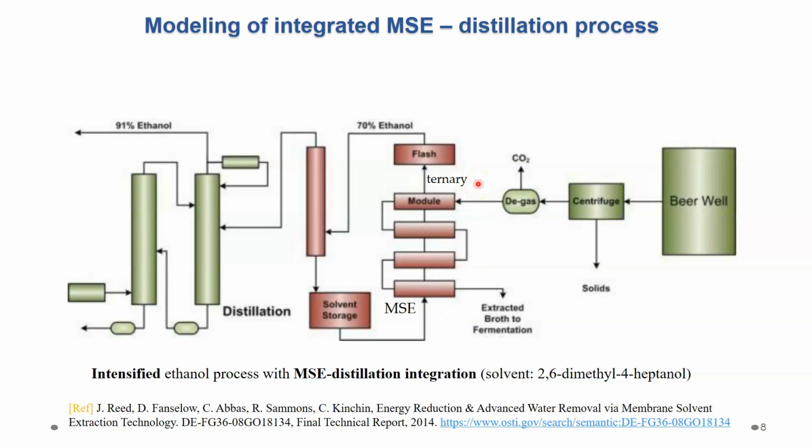The ternary from MSE, after being flashed, enters the solvent column to recover the solvent for reuse in MSE. The distillate from the solvent column then enters the rectifier to get 91% ethanol.